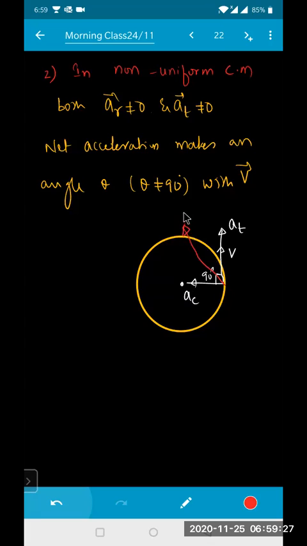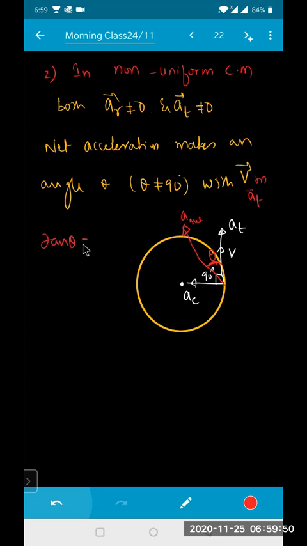So this is your a net, and a net makes an angle with the vertical. So this one is your theta. Very important. Okay? So net acceleration makes an angle theta with your v bar or tangential acceleration, isn't it?